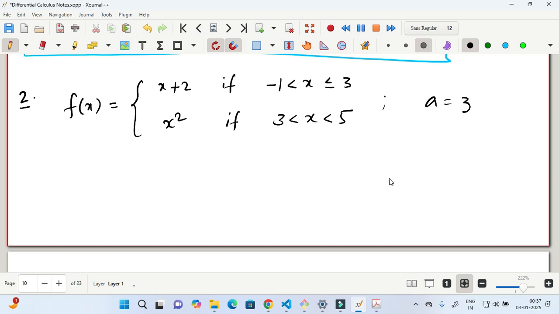I think you have got it. Now you have to find the limit of x plus 2 and the limit of x square at the point x tends to 3. If both values are equal, then the limit exists. If both values are not equal, then the limit doesn't exist. I think you are very clear with this statement. Now we'll solve the problem.